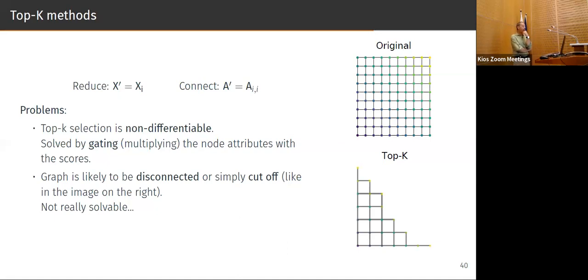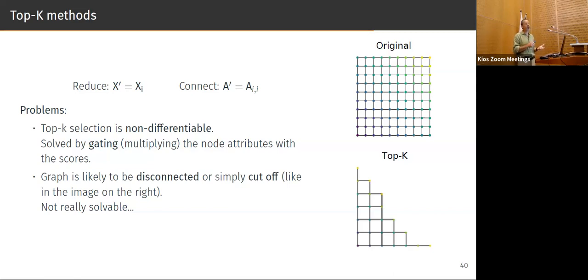The problem with these methods, anyway, is that most of the time they are not differentiable. If you take the top k and you want to differentiate that, you need to find solutions which allow you to apply gradient descent in some way. So there are many tricks.